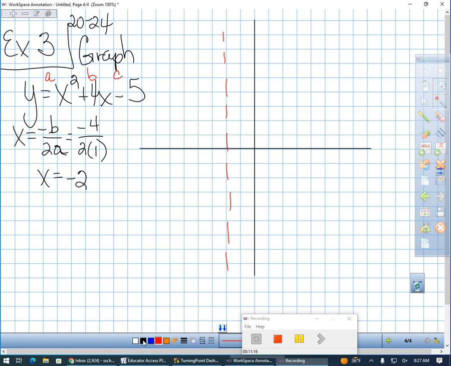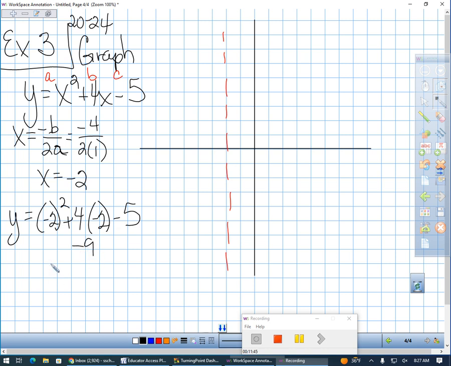All right, everybody good so far? Step 2 says we find the vertex. So now we take this negative 2 and we plug it into our equation. So we have y equals negative 2 squared plus 4 times negative 2 minus 5. So this is 4 minus 8 is negative 4, minus 5 is negative 9.